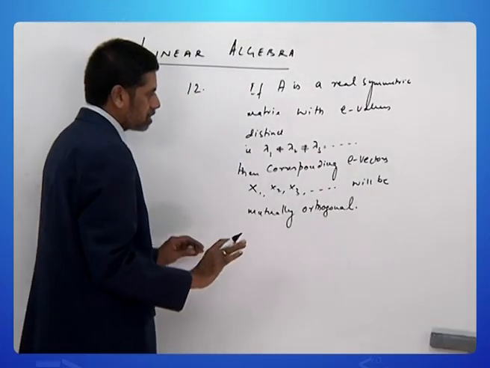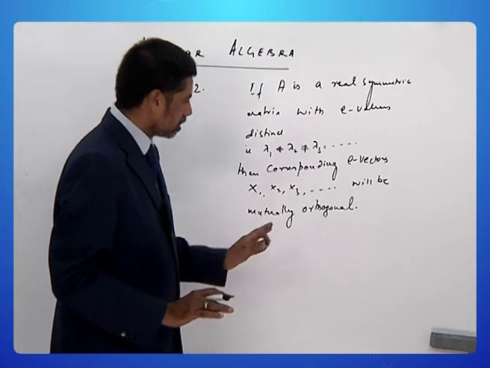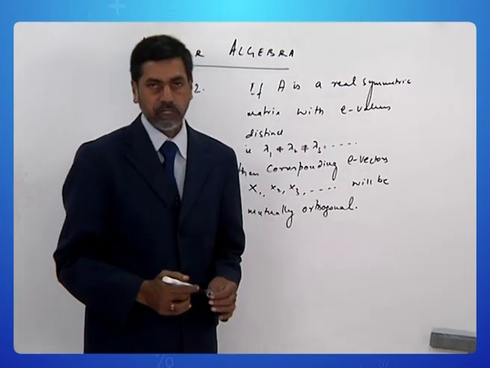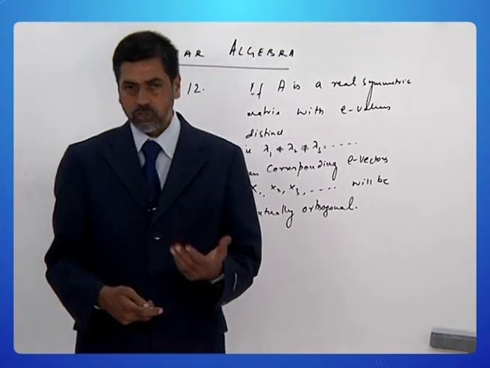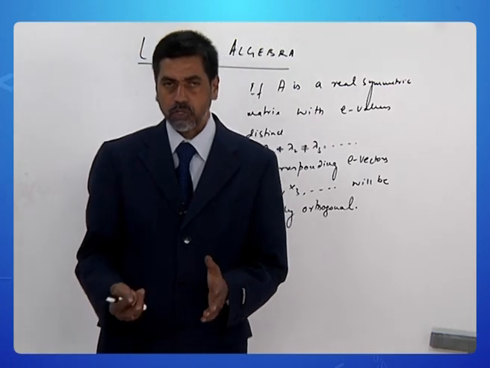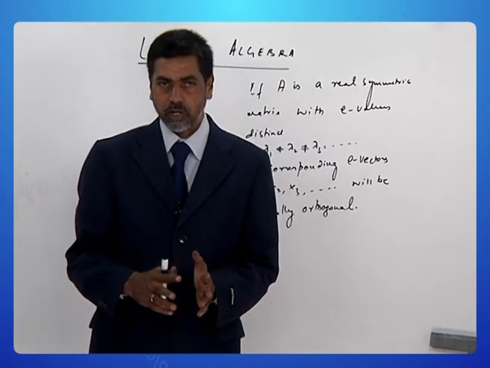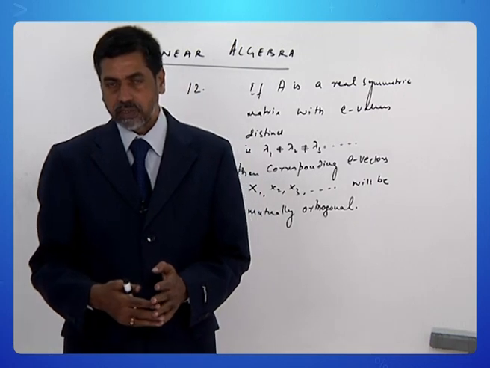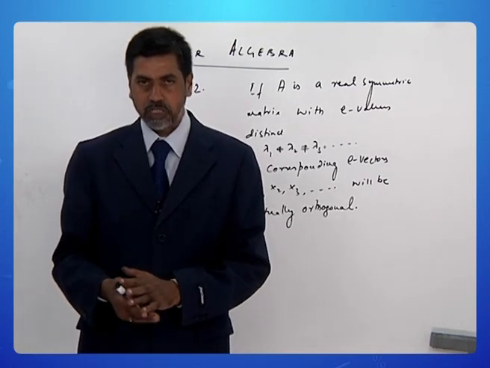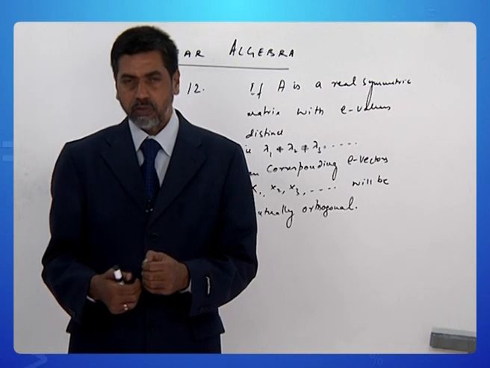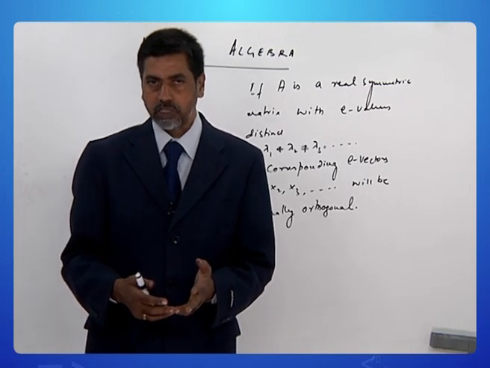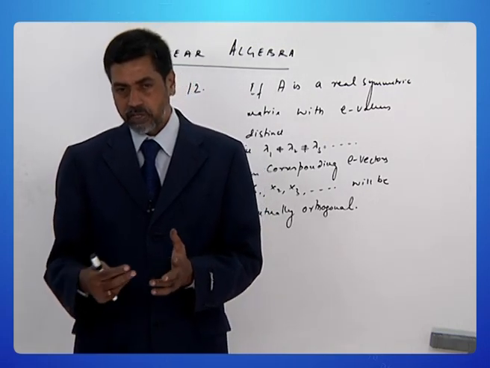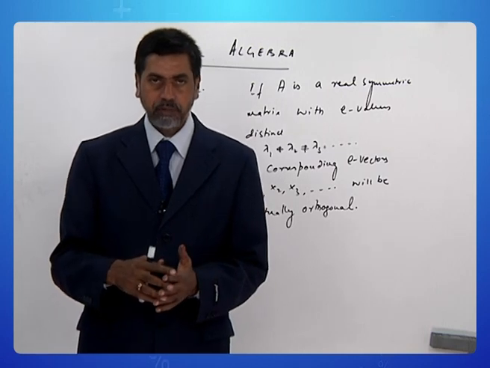So we have just discussed this very important property about real symmetric matrices. Of course, what happens to the vectors when the eigenvalues are not distinct? Then it's a slightly longish process. By what is known as the orthonormalization process, even vectors which are not orthogonal can be made orthogonal.